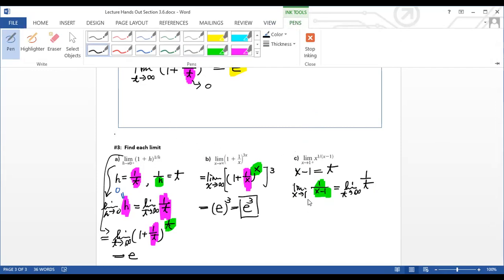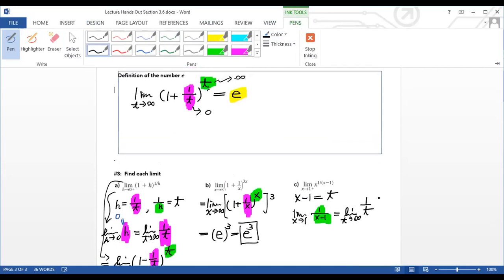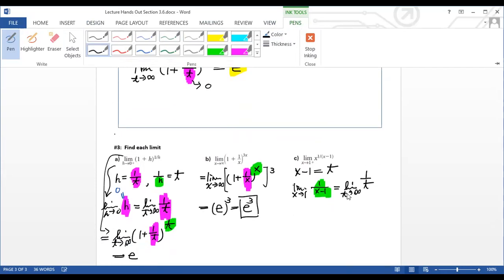All right, so the 1 over x here is equivalent to t approaching the infinity. I'm sorry, here it should be 1 over x, so it's 1 over t. So 1 over t is equivalent to t approaching infinity.